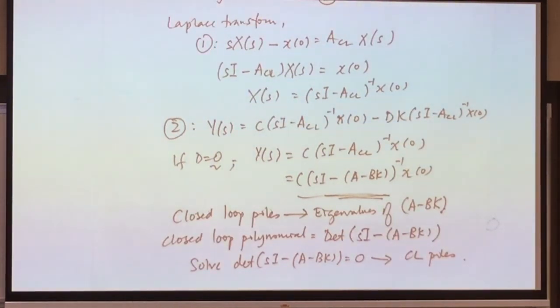When you were looking at the open loop control without feedback, the poles of the system are the eigenvalues of A. Now with feedback, the closed loop poles are the eigenvalues of A minus BK. And if you're asked to find the characteristic polynomial, the so-called closed loop polynomial, all you do is solve the determinant of sI minus (A minus BK) equals 0. If you can solve this, you get the closed loop poles.